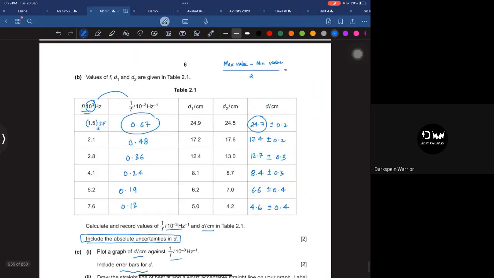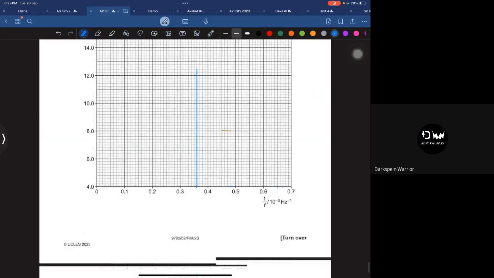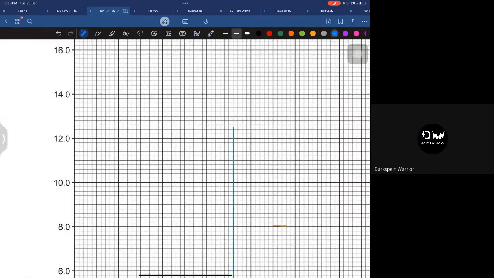Was it 12.7? 12.7. Oh my god. Wait a second. 12.2, 12.4, 12.6, 12.8. So this will be right here. Well, that's interesting. So let's put a circle around that. Right here. Okay, so this is our point.